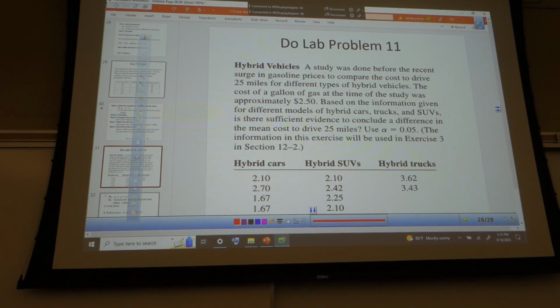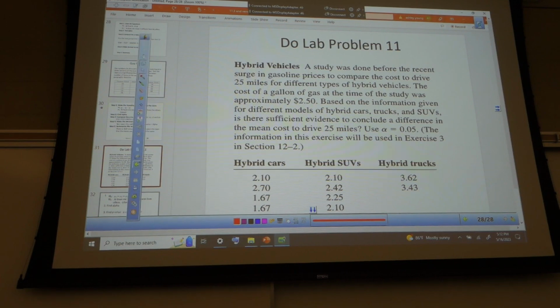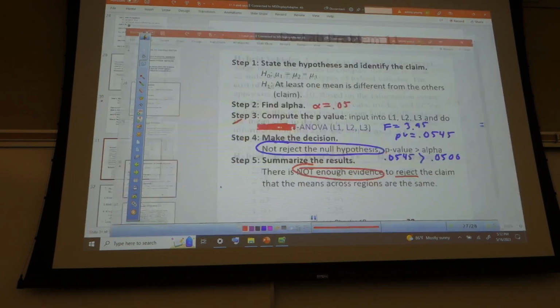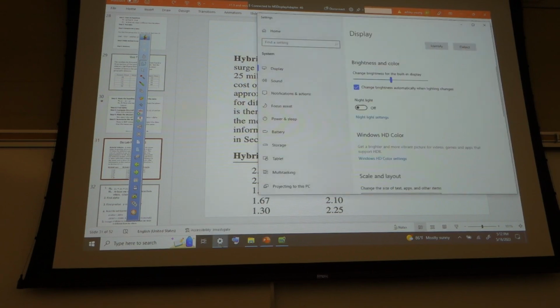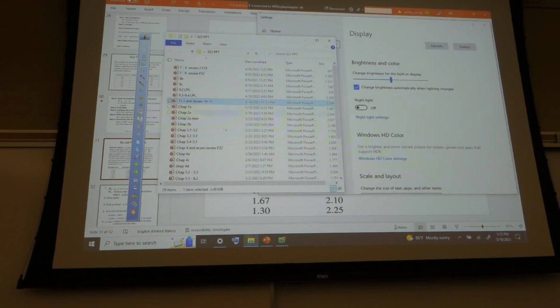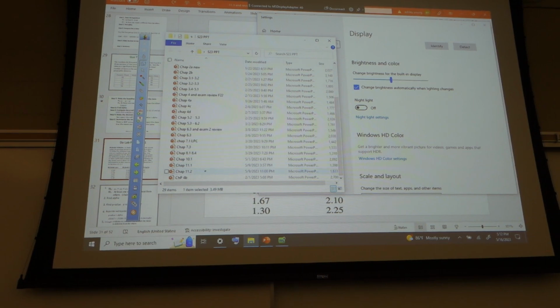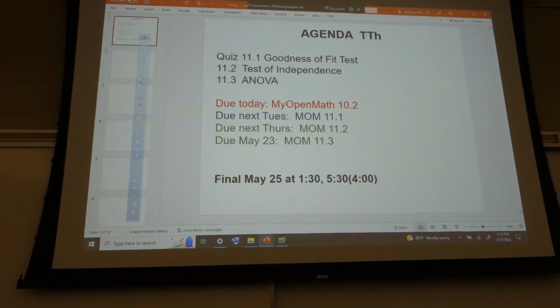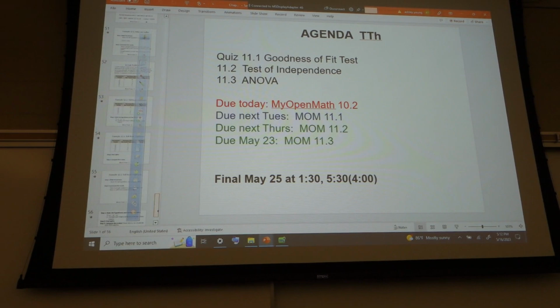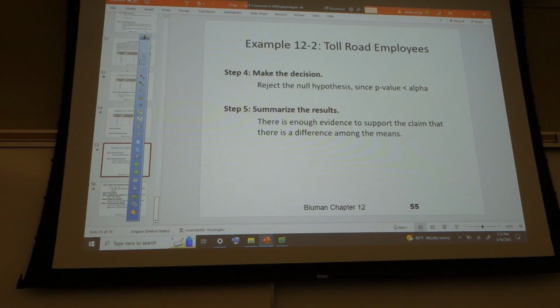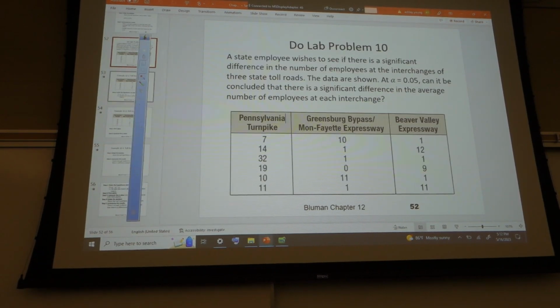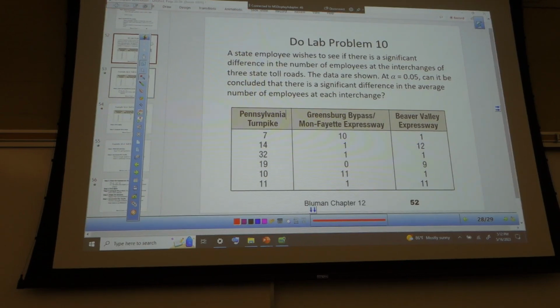So let me see if I can find lab problem 10. All right, so yeah, here's lab problem 10. Do lab problem 10. You have 4 minutes.